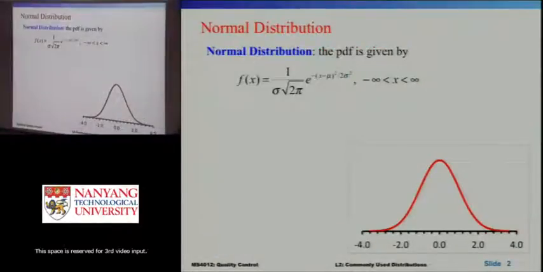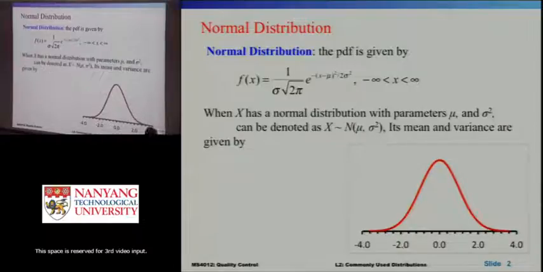Okay, so this is the normal distribution. This is the probability density function, if a distribution's PDF is given by this formula. It includes two parameters, mu and sigma. X is a variable, pi is a constant. And it looks like this.